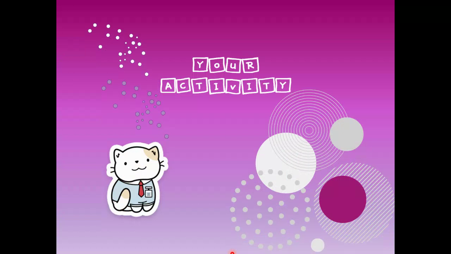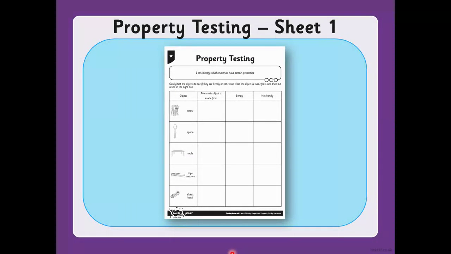And that's what we're going to be doing today. So your activity today, children, this is the first sheet that I would like everybody to do. You're going to need to try and find these objects from around your house. If you haven't got one, don't worry. Just have a little think about it or ask a grown-up helper.